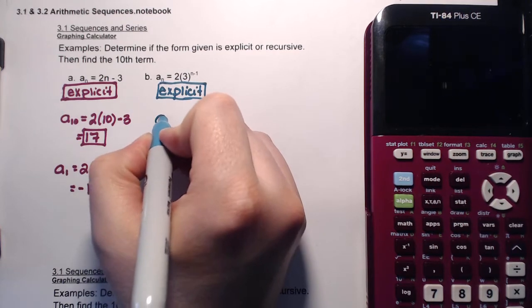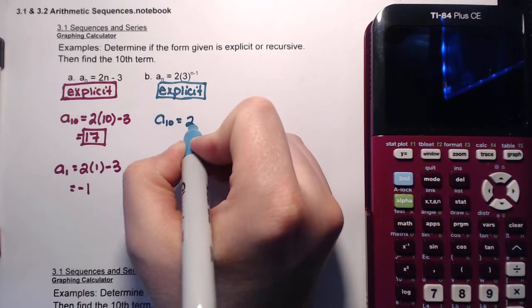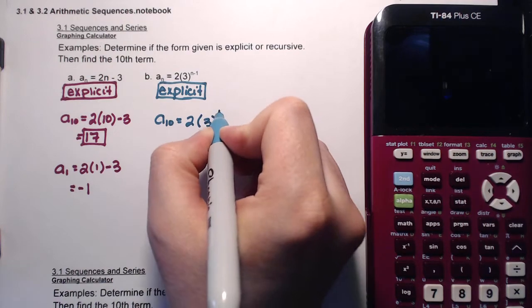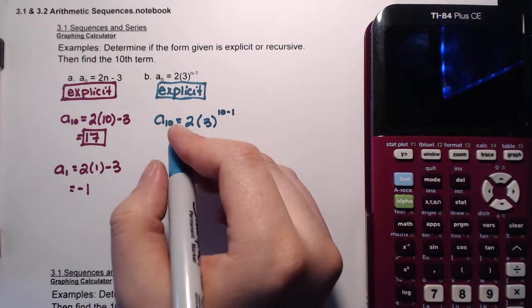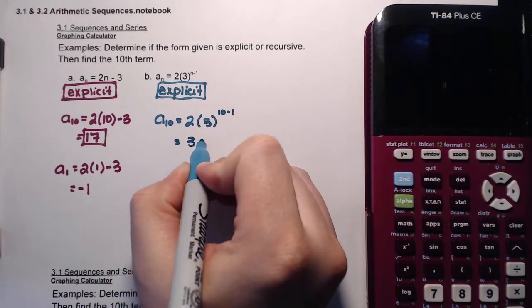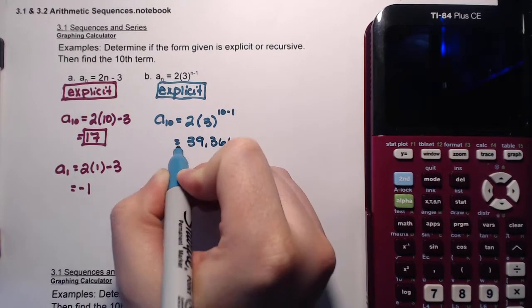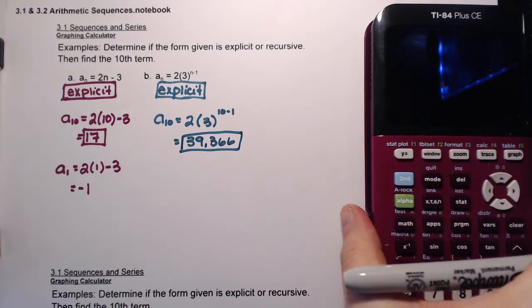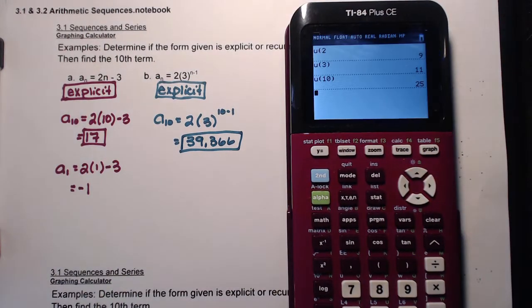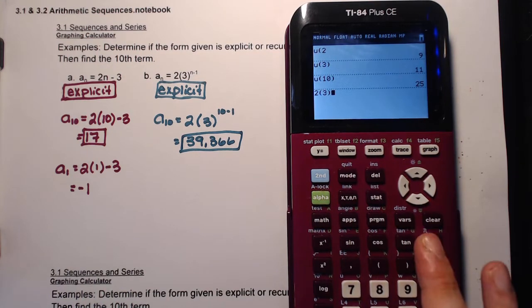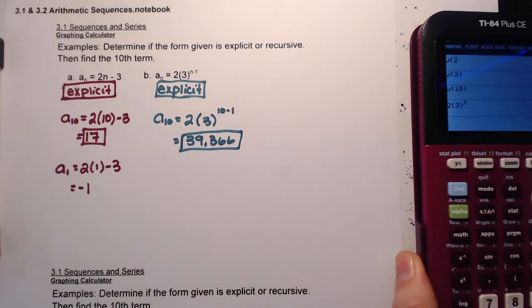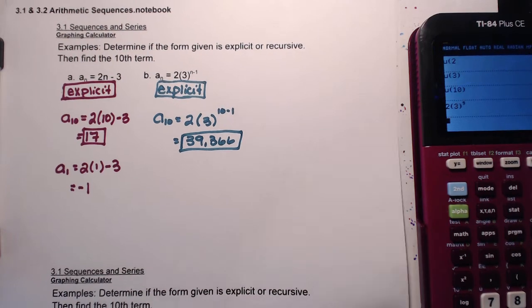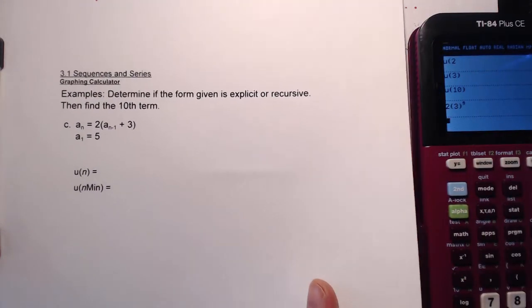So to find our nth or our 10th term, you do 2 times 3 raised to the 10 minus 1, which ends up being 39,366. So if we do the calculator, 2, 3 to the 10 minus 1, or just to the 9th, that's your value. So make sure you have that one written down.